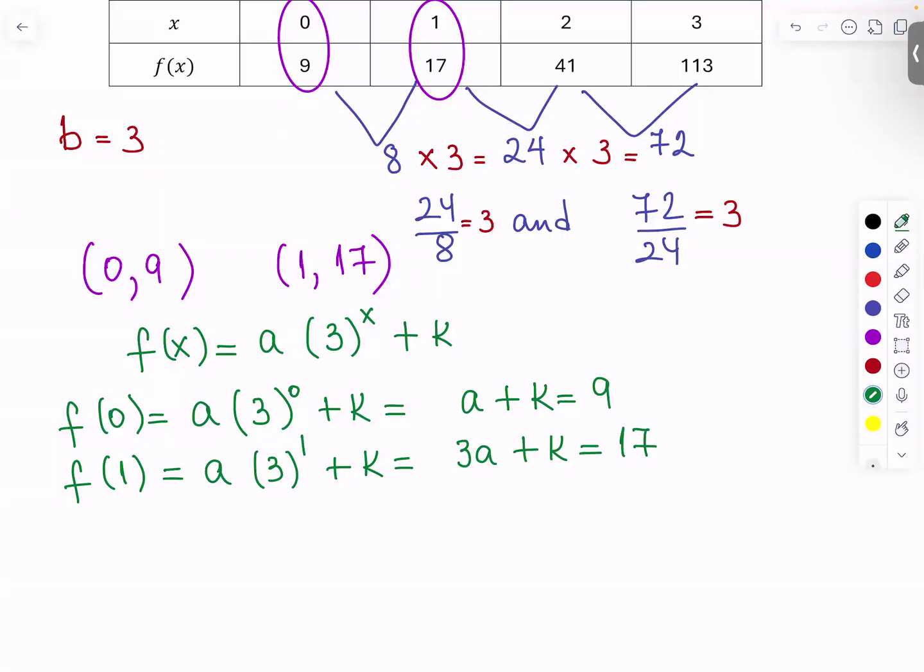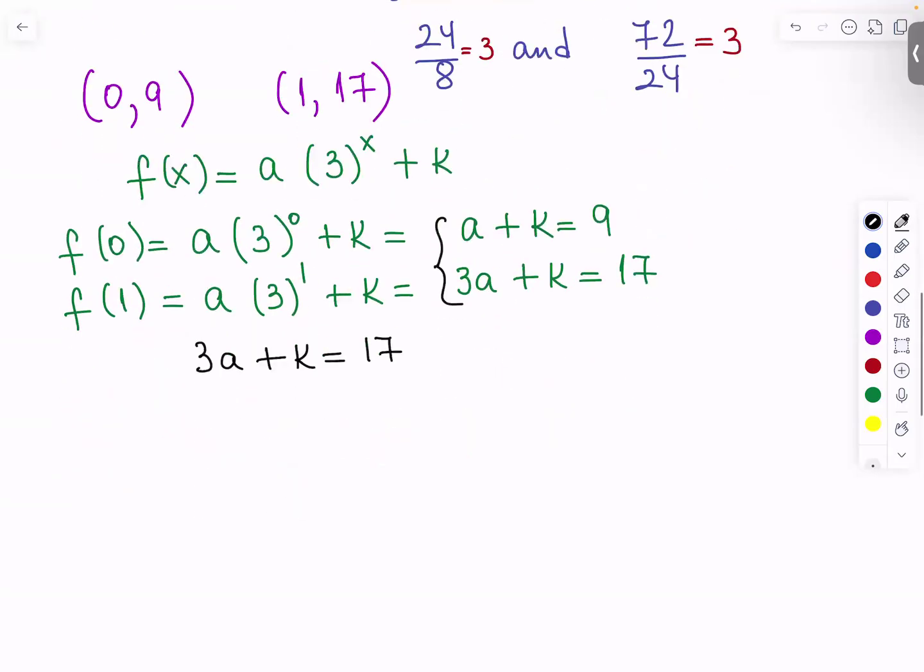Okay, we have our system of 2 linear equations in 2 variables. Again, I will write 3a plus k equals 17 first, and then I will write a plus k equals 9. We want opposite coefficients in front of one of the variables, so I'm going to multiply this by -1.